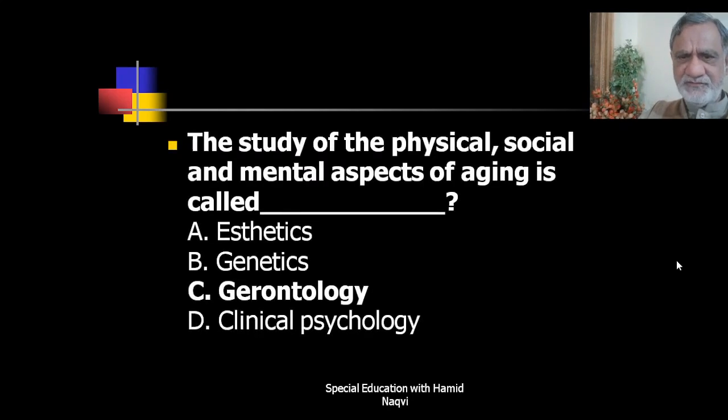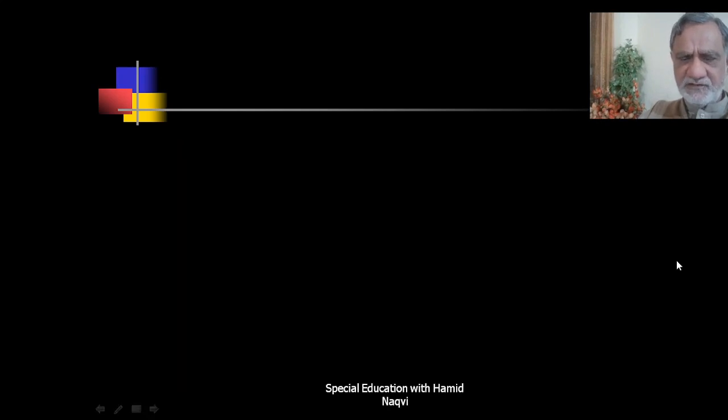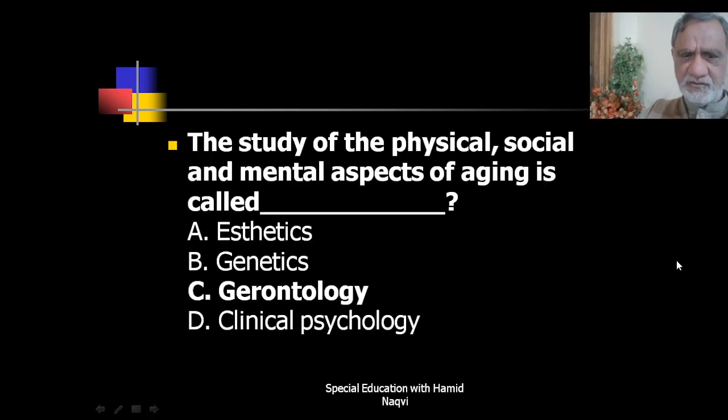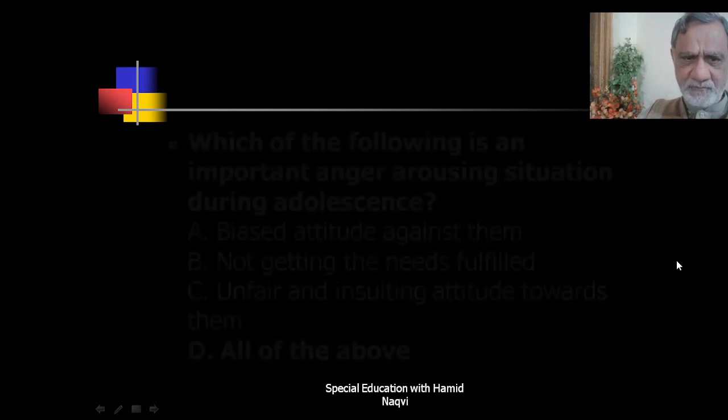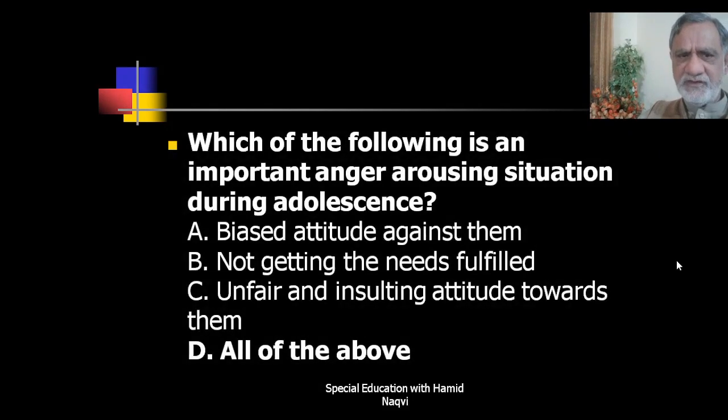The study of physical, social and mental aspects of aging is called aesthetics, genetics, gerontology or clinical psychology. The gerontology is correct. Which of the following is an important anger arousing situation during adolescence?